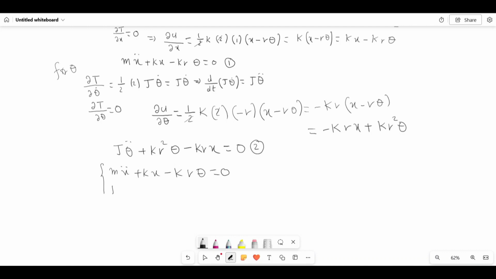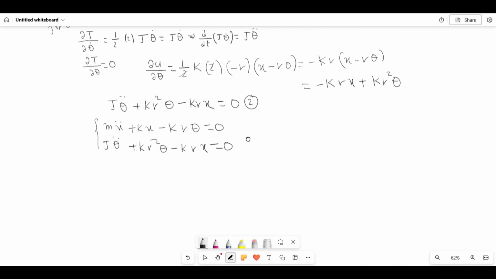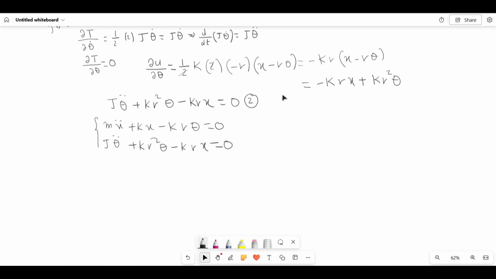The second one is j theta dot dot plus k r square theta minus k r x equal to 0. Now let's write it in matrix form quickly so that we can go sleep.